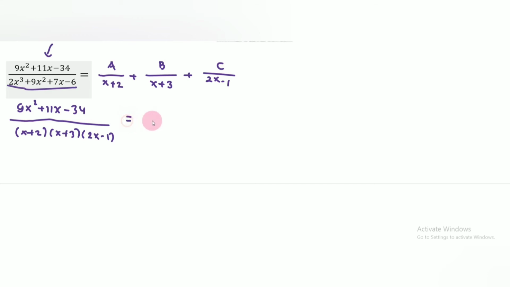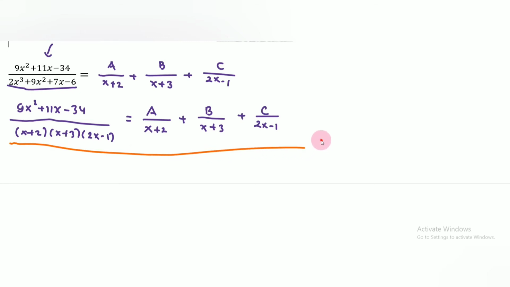So we want to do the partial decomposition. So we separate it into 3 fractions, and each fraction has one factor in the denominator. To find it, the easiest way is to multiply all by x plus 2, x plus 3, 2x minus 1.